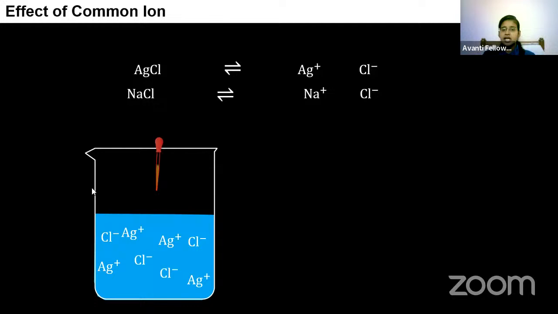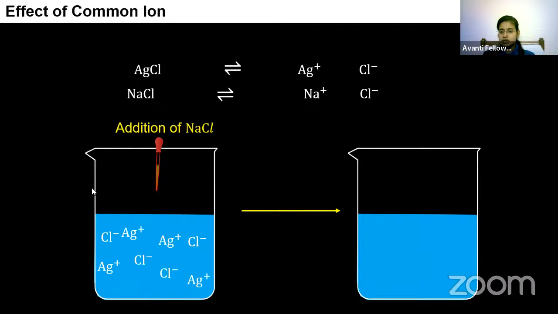And if I add some drops of sodium chloride solution, it will lead to the formation of some Na plus and Cl minus inside the beaker, right? So which ion is common for both the compounds? Can you tell me?